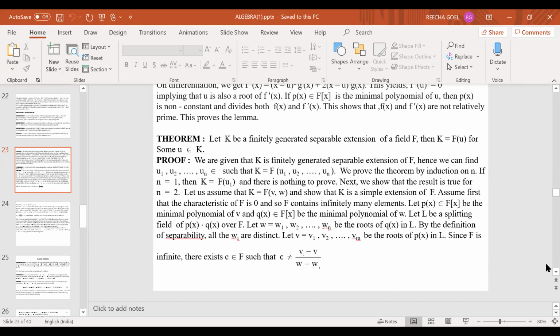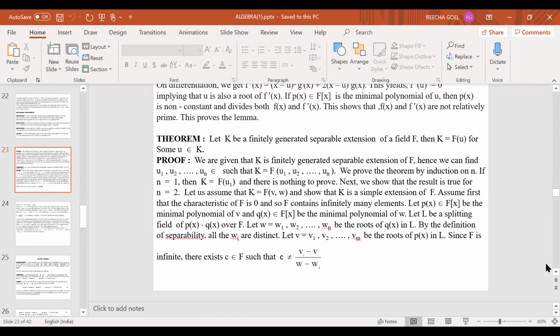So let w = w1, w2, ..., wn be the roots of q(x), and v = v1, v2, ..., vm be the roots of p(x) in L, where L is the splitting field of both p(x) and q(x). Because we are taking L to be the splitting field for p(x) and q(x), we have to take a common polynomial.